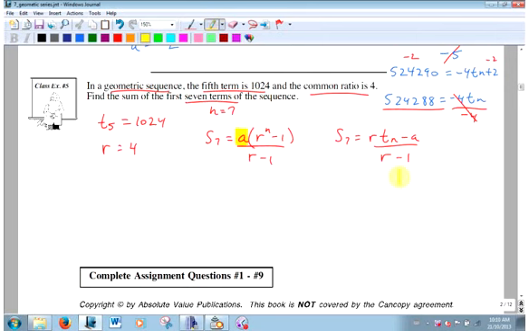Let's look at the other formula. What do I need here? A. Yep, I'm screwed. I've got to find a first. That's okay. We know how to do this, right? Because I know t to the n is a r to the n minus 1. So I know t to the 5 is a, r is 4, n is 5.